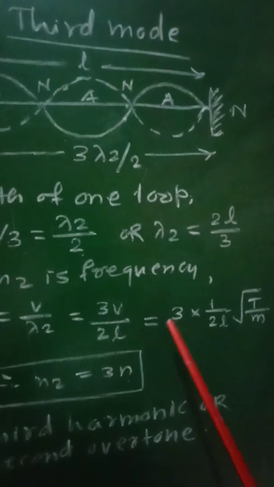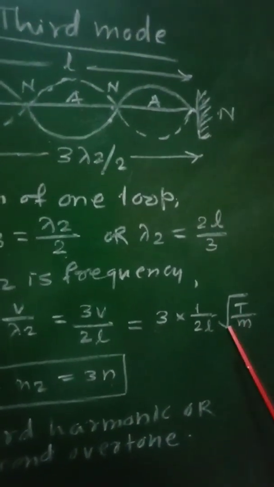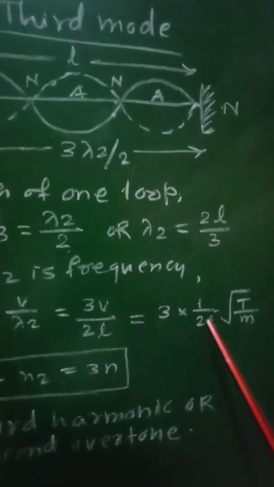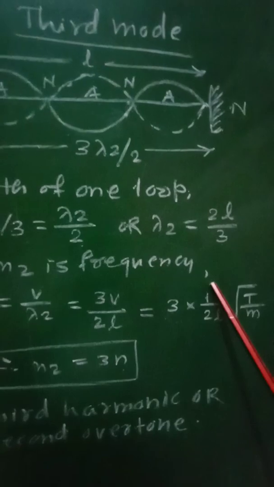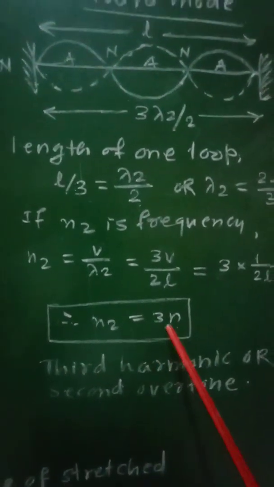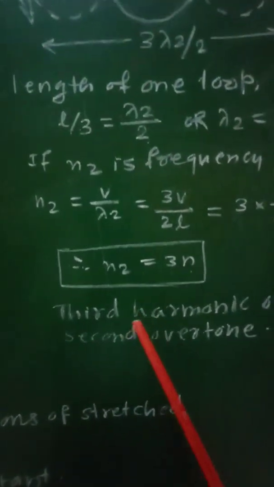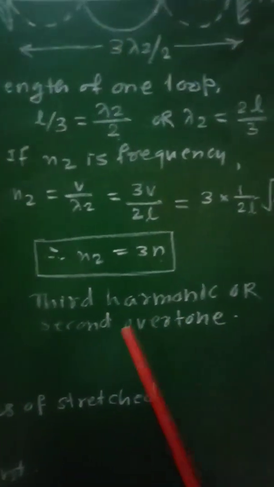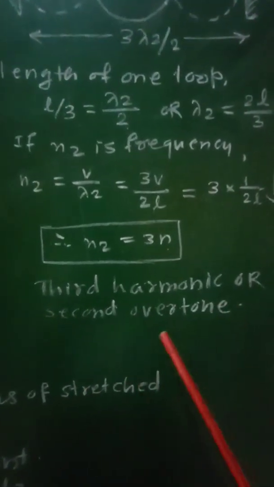It will be written as 3 into v by 2L, which is 1 by 2L square root of T by M. 3 into 1 by 2L square root of T by M, but this factor is N, and therefore N2 will be equal to 3N. Hence this frequency is called the third harmonic or second overtone.